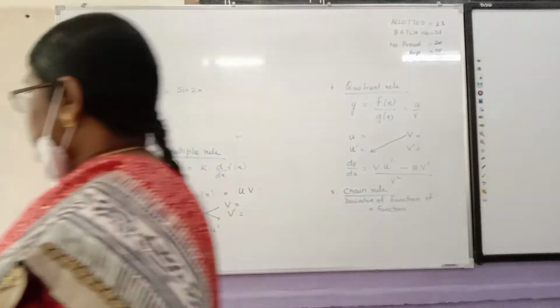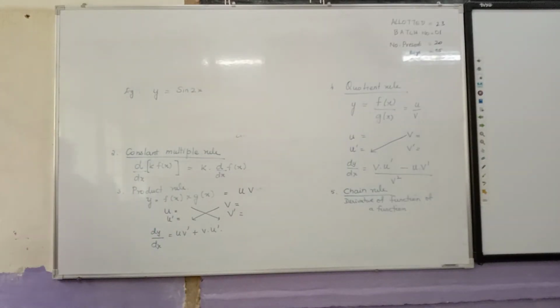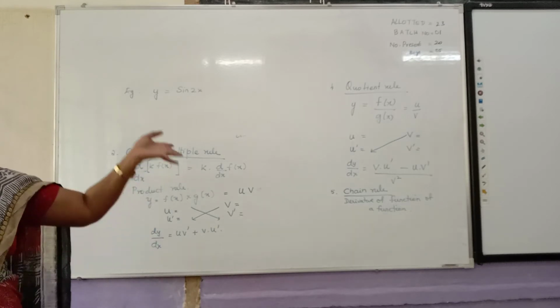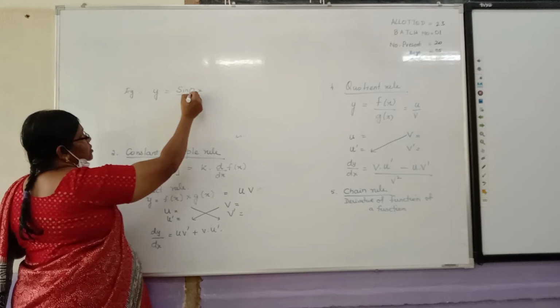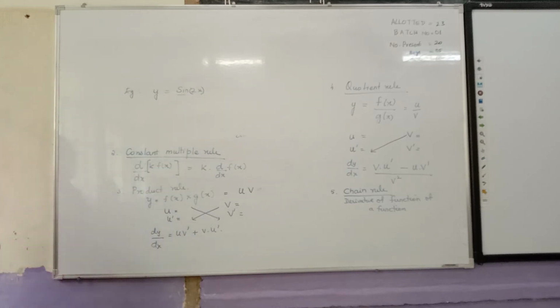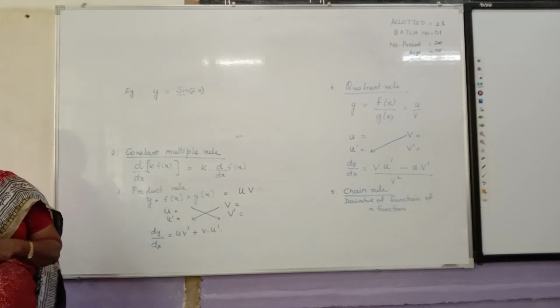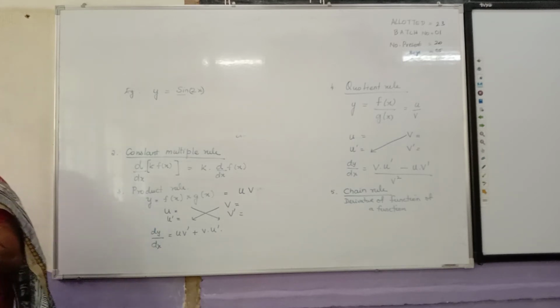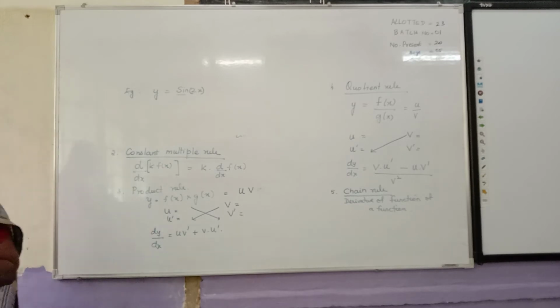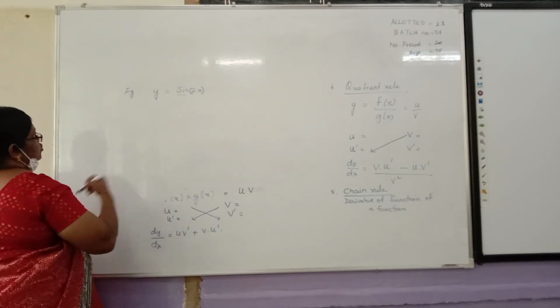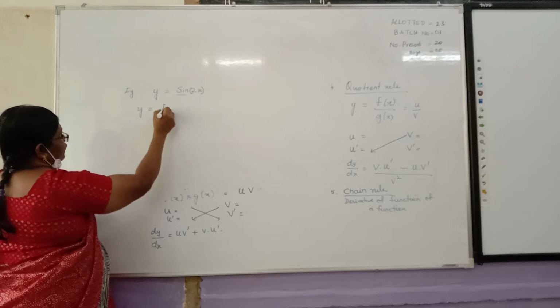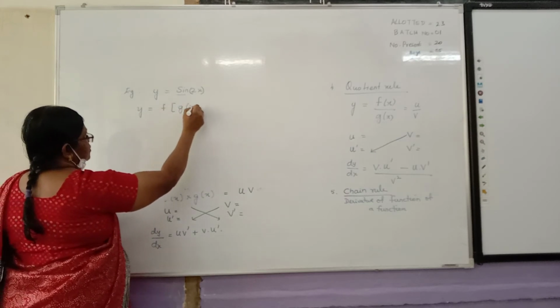Okay. Now, what function is involved here? What are the two functions? One is trigonometric. Next, 2x is what function? Algebraic expression or linear function. So we are having two types of function. Okay. So you have to differentiate this one. y equal to f of g of x.